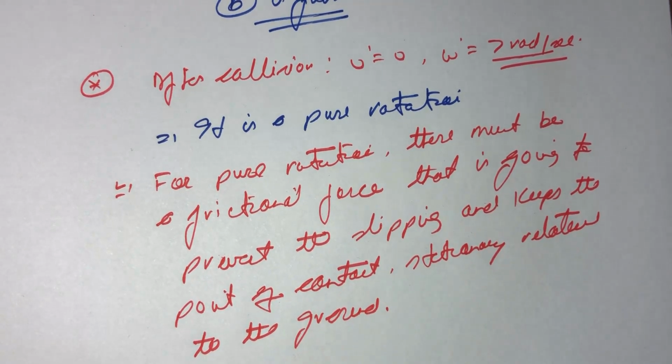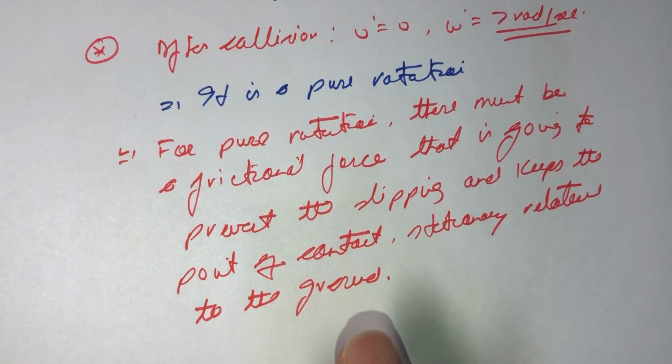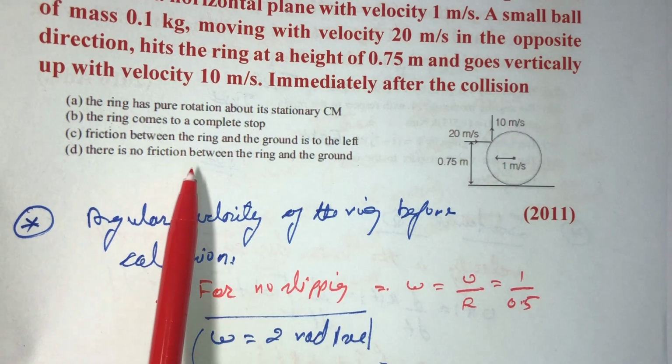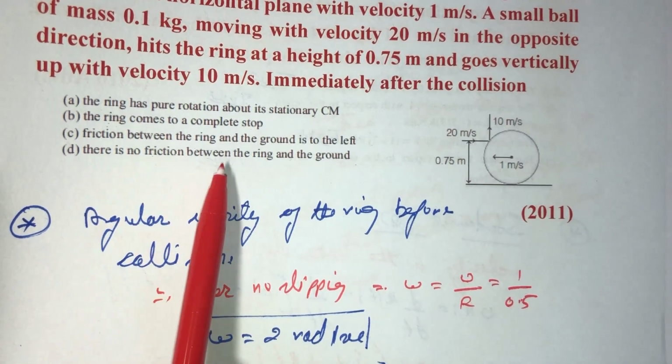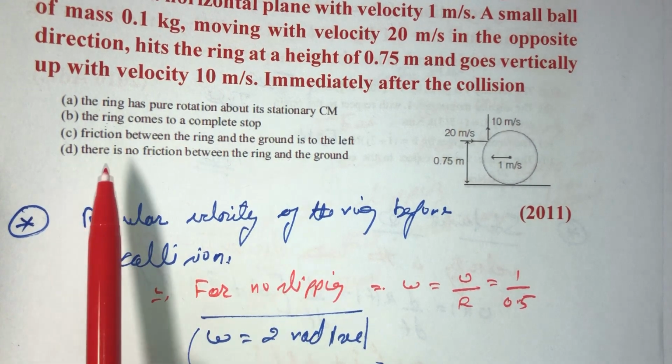So from here, one conclusion is sure: friction is going to act. Therefore, option D is false. It states that there is no friction between the ring and the ground. And now we are going to find out in which direction the friction is going to act.